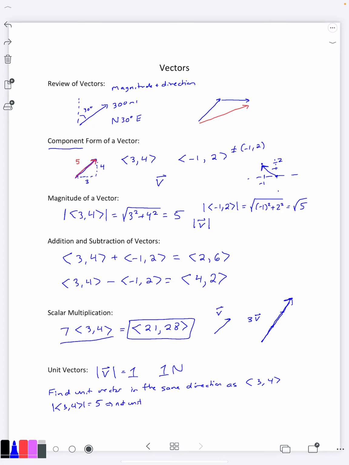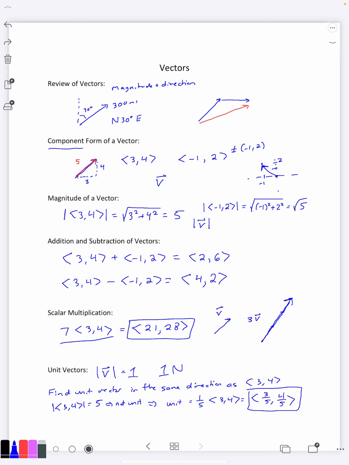Well, length 1 is 1/5 as long as length 5. So to make it a unit vector, I will just take 1/5 of our starting vector, and that becomes the new vector 3/5, 4/5, and you can check that the length of that is in fact 1. And so that would be a unit vector that has the same direction as 3, 4, but now it doesn't have any length other than just 1.